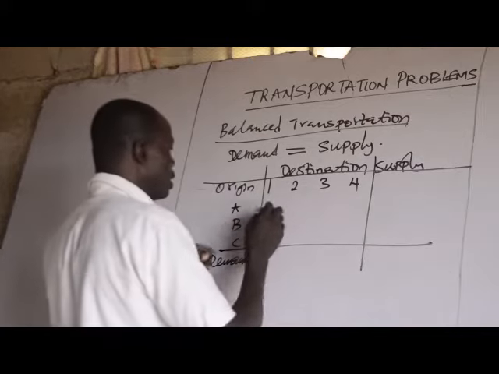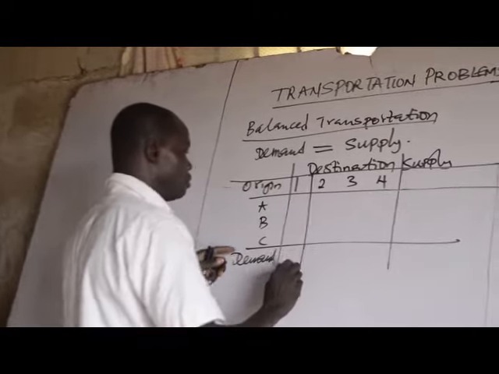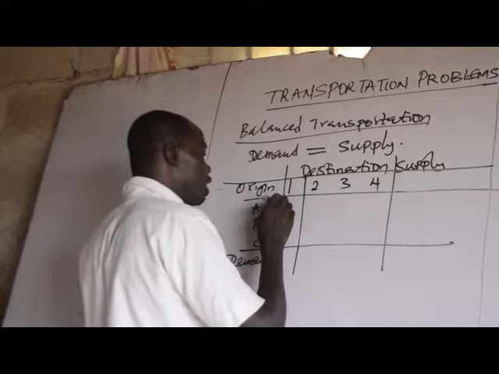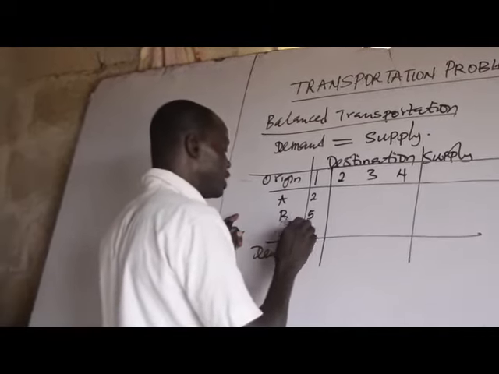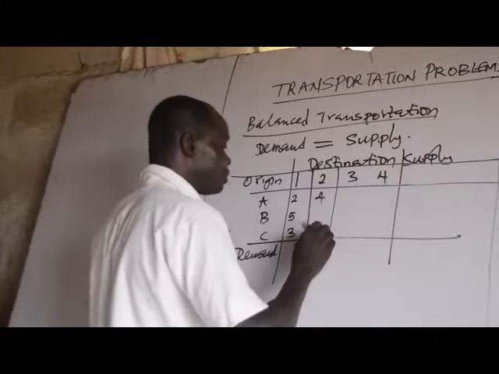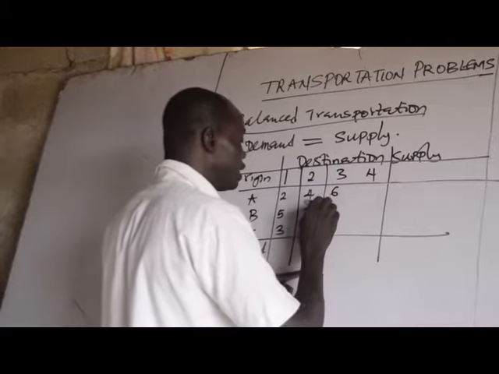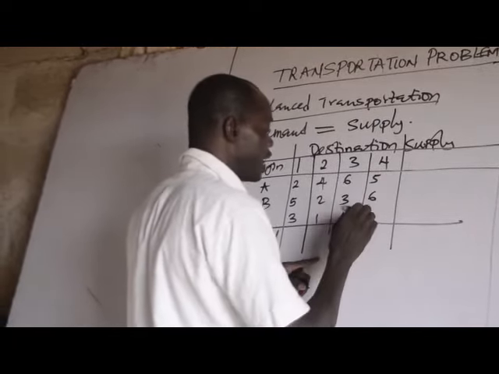Maybe you have different costs of transportation. For destination 1, maybe you incur 2 naira, 5 naira, 3 naira. Here you have 4 naira, 2 naira, 1 naira. Here you have 6 naira, 3 naira, 4 naira. And here you have 5 naira, 6 naira, and 7 naira. Suppose these are the costs of transporting the product through the various destinations.